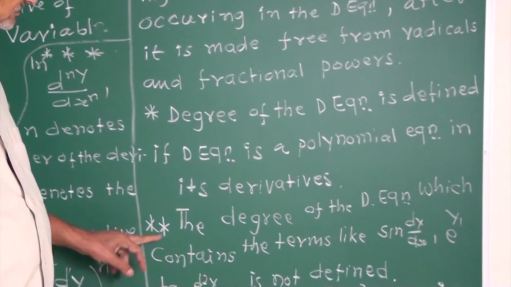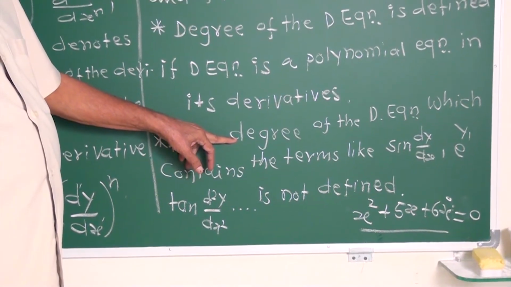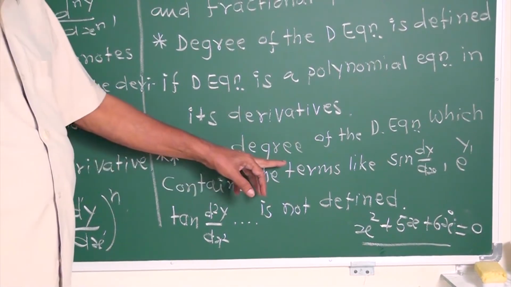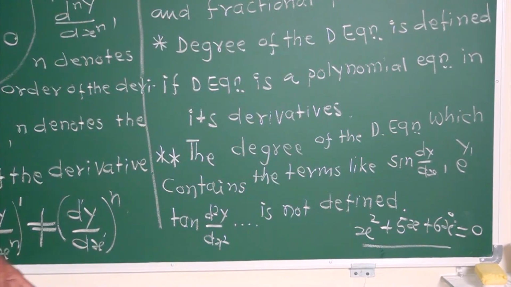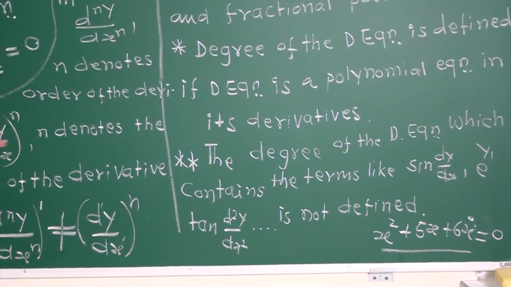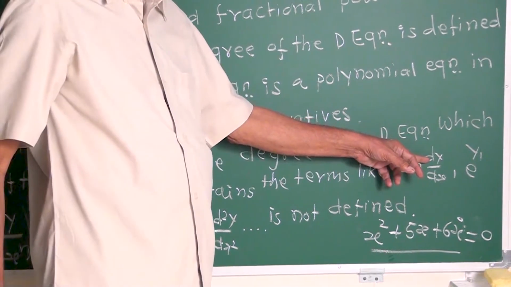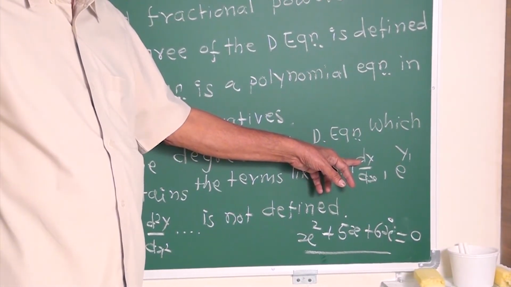The degree of a differential equation which contains terms like sin dy by dx. My friends, I have written this purposely. This y is a dependent variable, but this is its derivative.